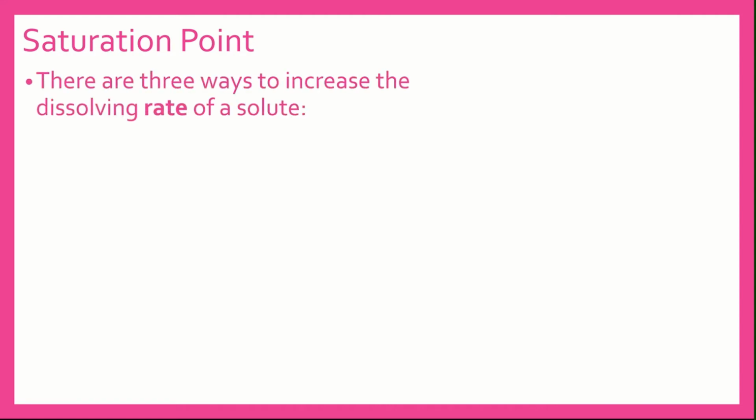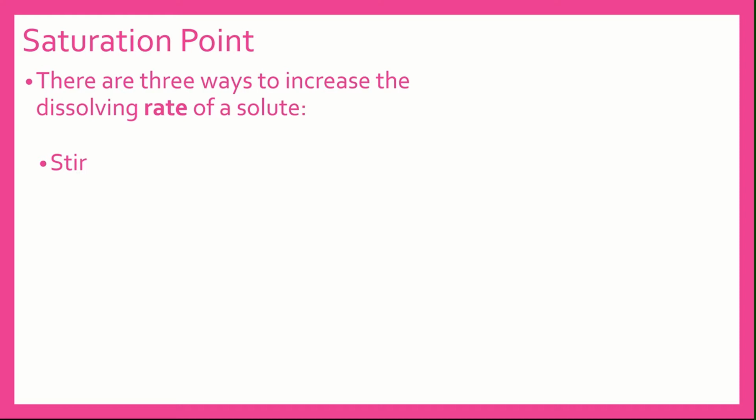So there are 3 ways we can increase the dissolving rate of a solution. So not necessarily how much you can dissolve, but how quickly you want to dissolve it. So you put some sugar in your tea. Well, how do you want to dissolve that sugar? Well, you can speed it up by doing one of these 3 things. Number 1, stir.